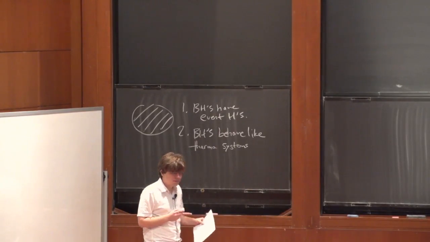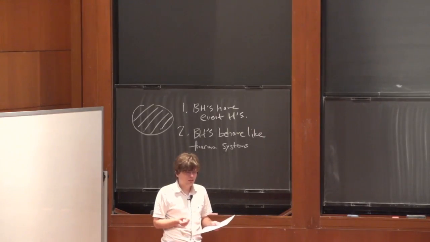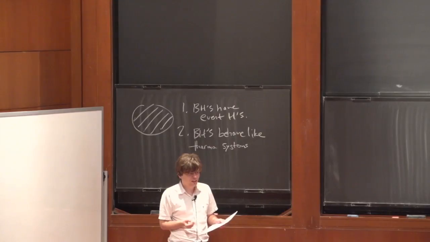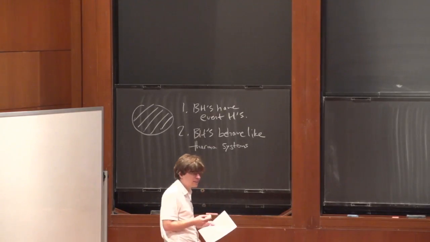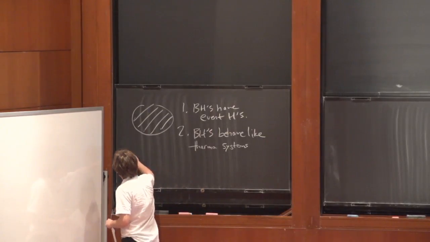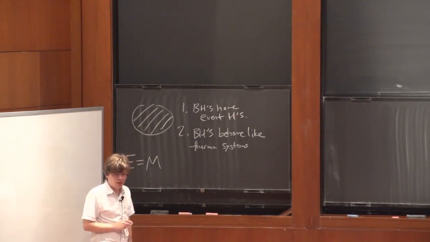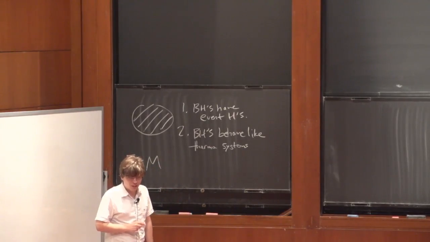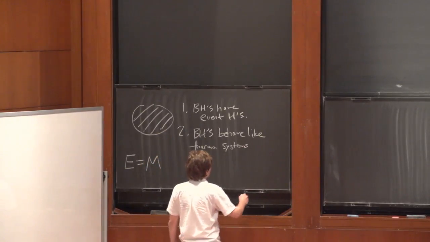Before getting into the details, the three most fundamental thermodynamic quantities that a black hole possesses are, first, its energy, which equals its mass by Einstein's most famous equation, E equals m when c equals 1.